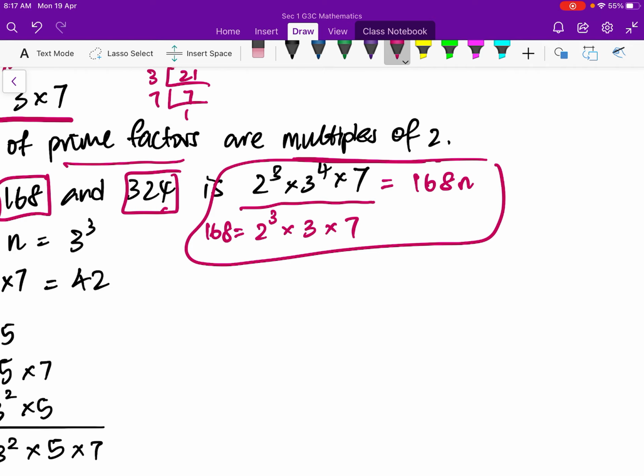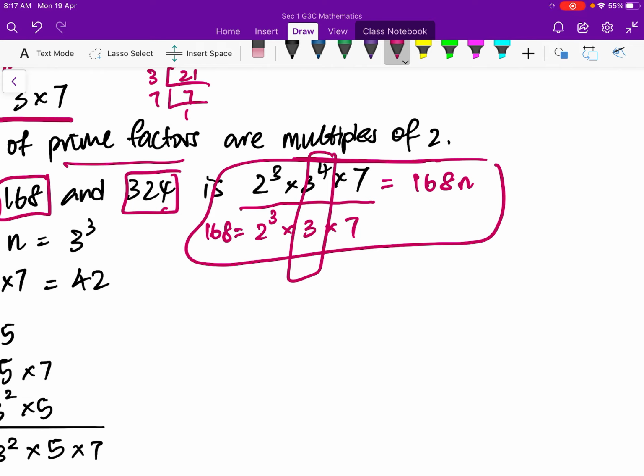We've got 2 power 3, same. Oh, it is missing, there's a difference of 3 to the power 3. And that's all. The only difference between them is this part, 3 to the power 3. And that is our value of n.